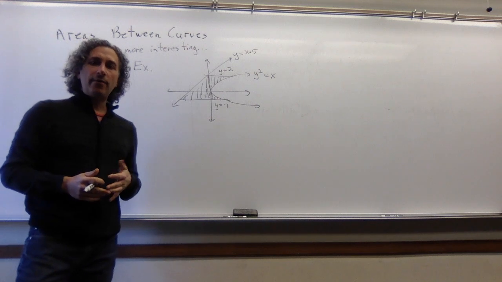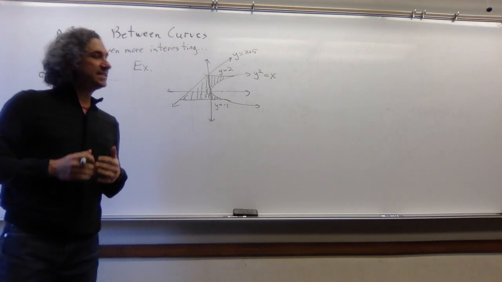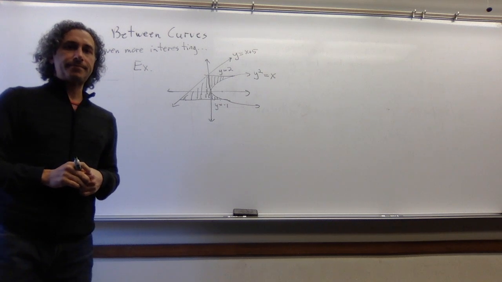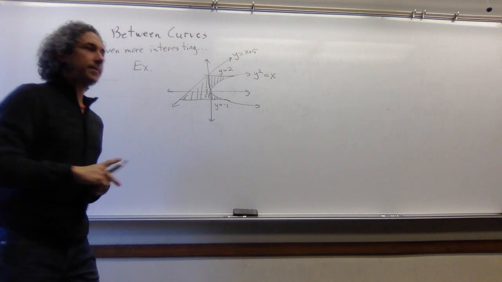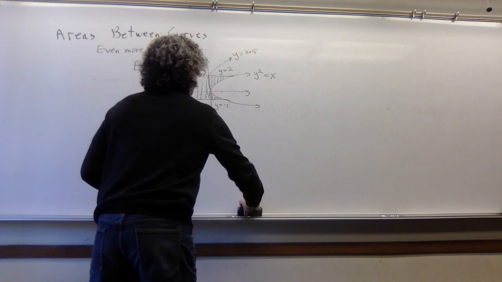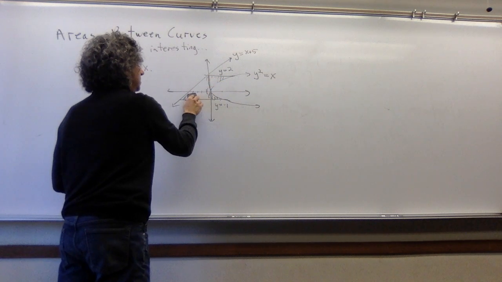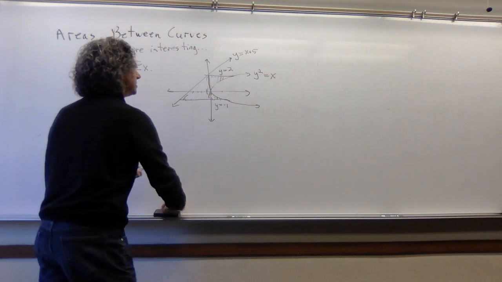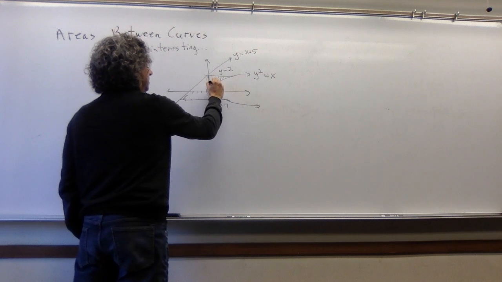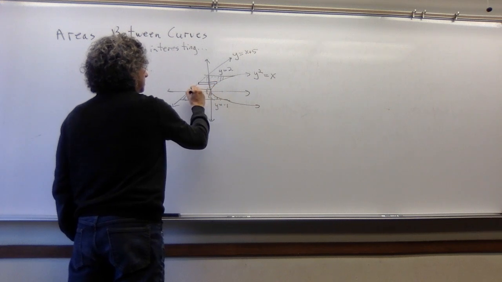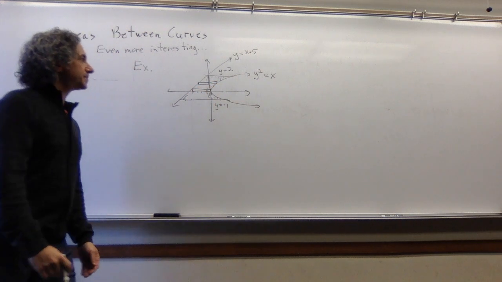So pause the video and let's see if you can set up the integral in terms of it being right minus left. So hopefully what you did is you first drew some rectangles to get an idea as to what these guys look like. So typical rectangles might look like this or this.